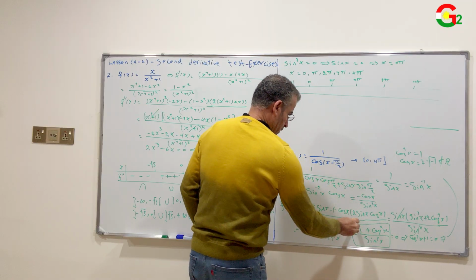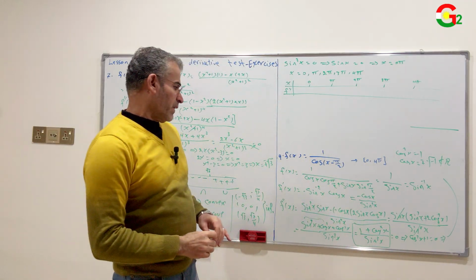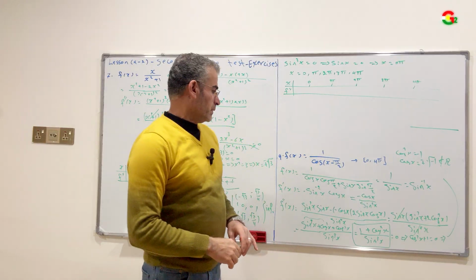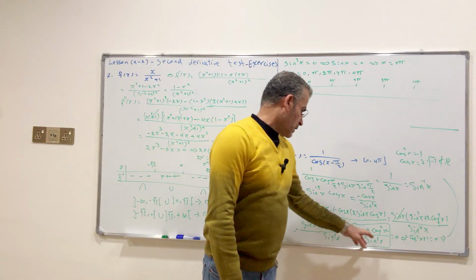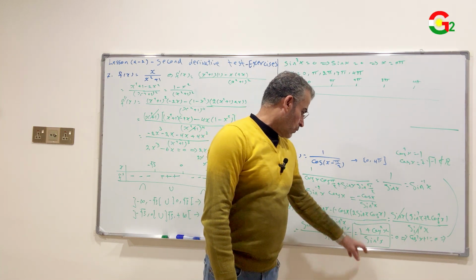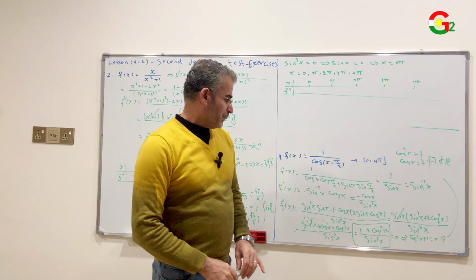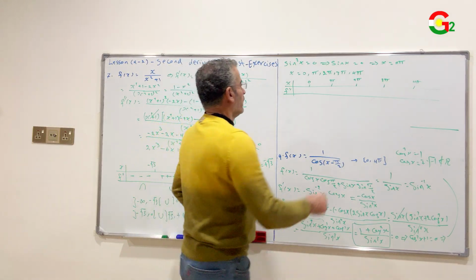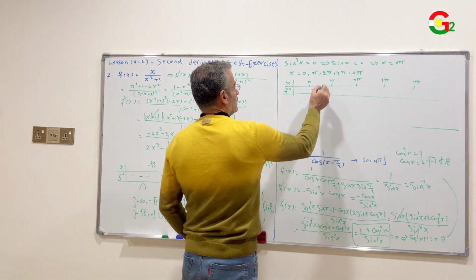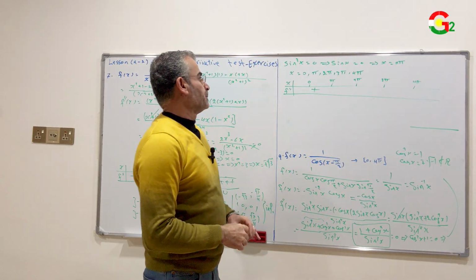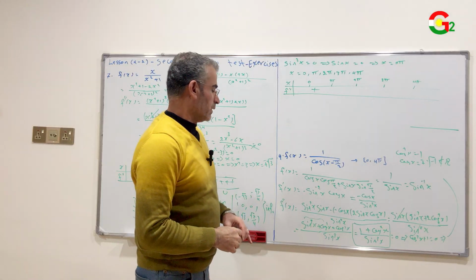This is the second derivative of the function. Between 0 and pi, take pi over 2. Cosine pi over 2 is 0. 1 plus 0, 1. 1 over sine cube pi over 2, 1. It is a positive value. Between pi and 2 pi, take 3 pi over 2.